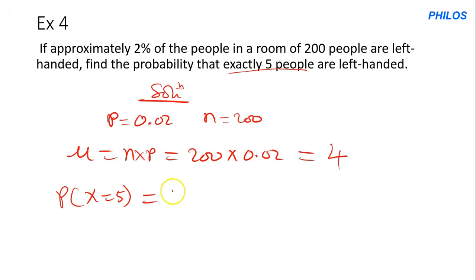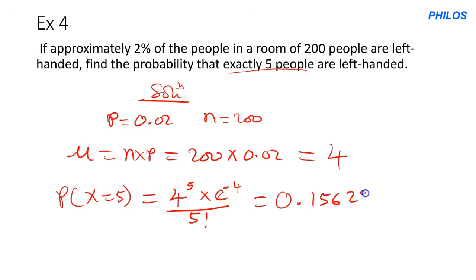Should be the mean, which is 4, exponent 5 times E exponent negative mean, which is 4, divided by 5 factorial. So when you enter this on your calculator properly, you get 0.15629.